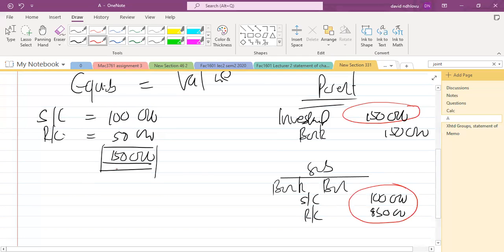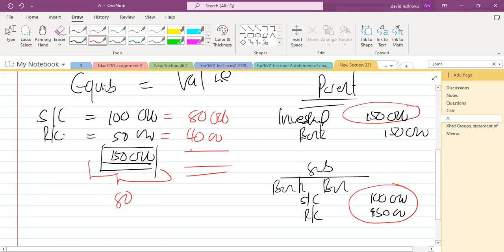If you are buying only 80% here, what is 80% of this? This is 80,000. This is 40,000. So what you are buying and investing in is 120,000. The difference, which is 30,000, belongs to NCI.